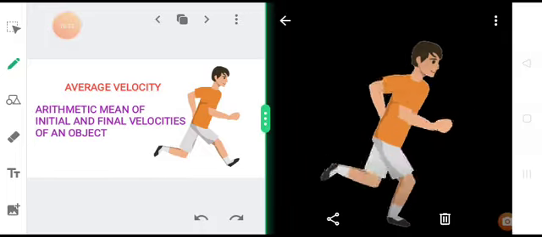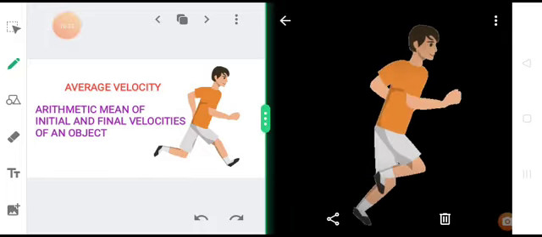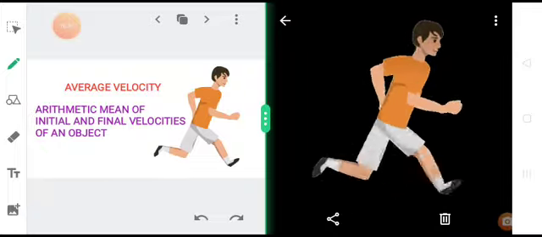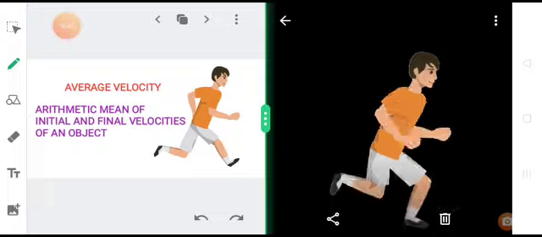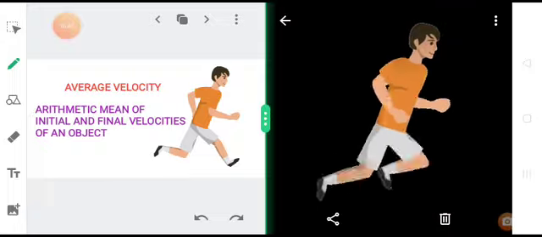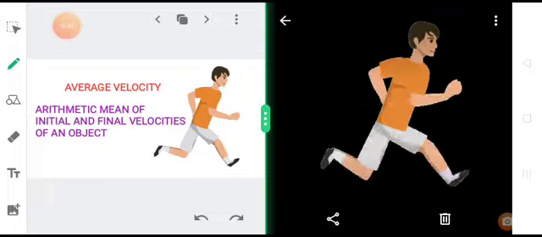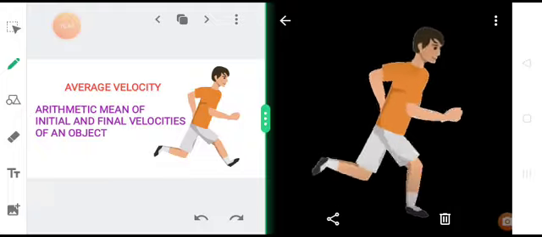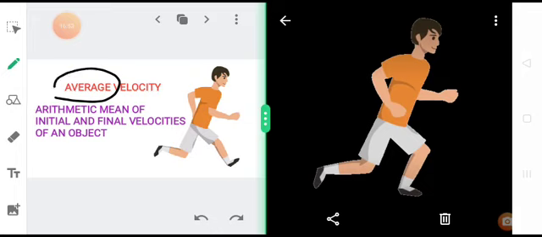Now, similarly, if we want to find out the average velocity of any object, then we have to find out the arithmetic mean of initial and final velocities of an object. Now, don't be confused by this term arithmetic mean. It is nothing but average. Arithmetic mean stands for average.